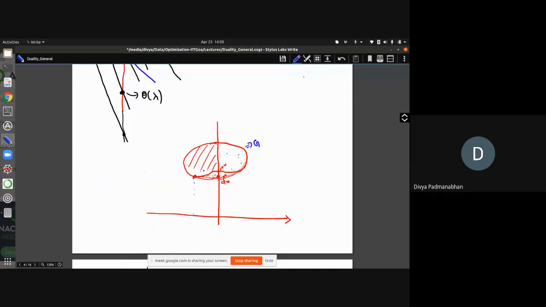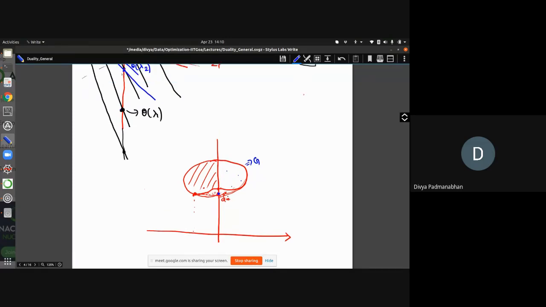So this was the other example we took. And here, the correction is here as well. The P star is not here, but it's a little lower. So this is the value of the P star you take. Okay, and there could be cases where the dual objective, the D star and P star could match.